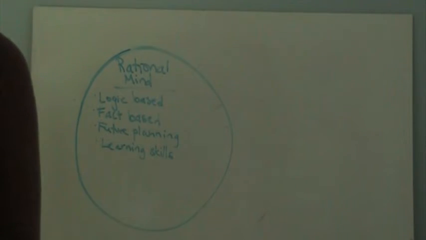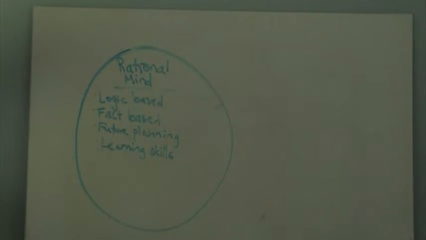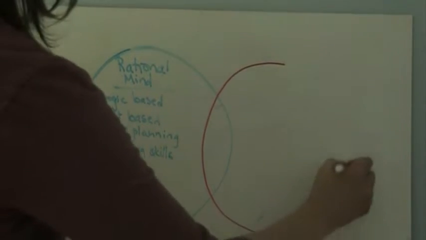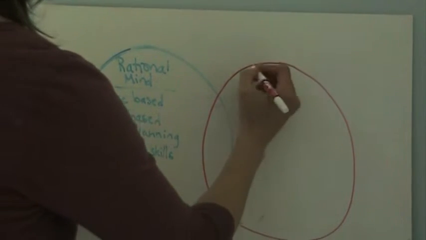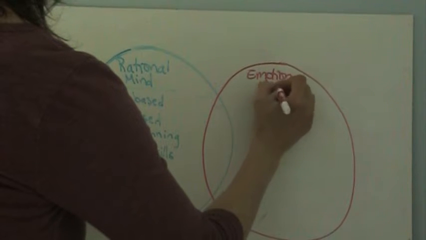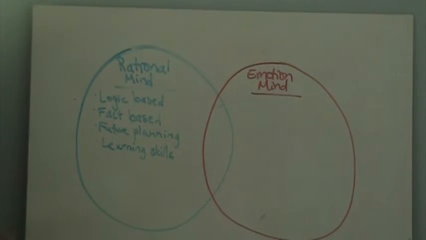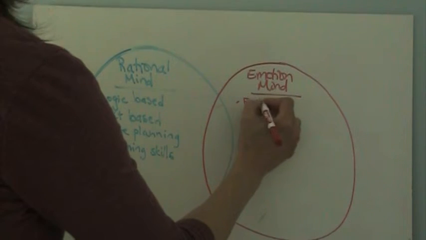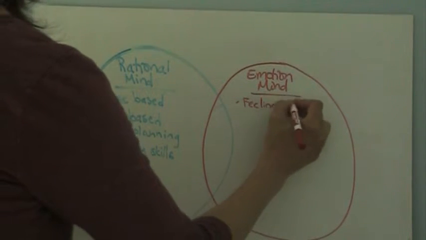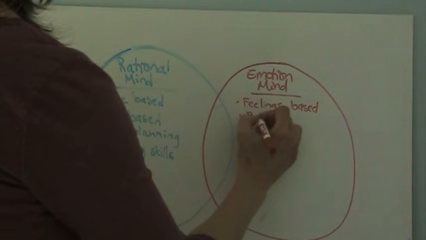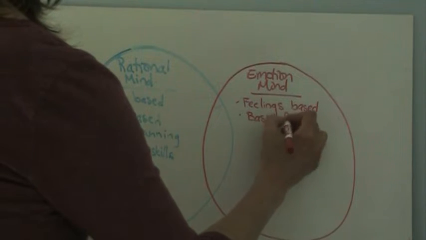And then we have emotion mind. So emotion mind, I'm representing with this overlapping circle over here in red. So emotion mind is obviously feelings based. It is the basis for relationships.